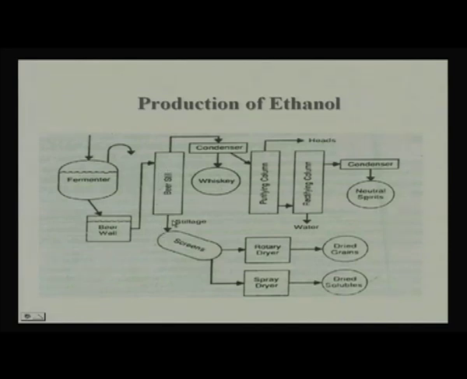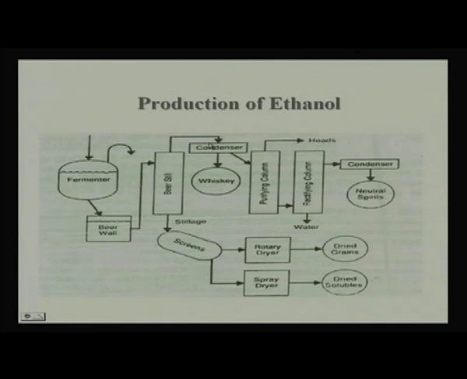Here the stillage is there and we screen this, and a rotary vacuum evaporator is there, and we dry it and get the dried grains. The solubles which are there, we spray them and get the dried solubles. Now, the beer still undergoes condensation, and we get a slightly concentrated product which is called the whiskey.